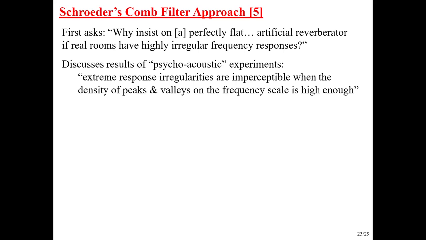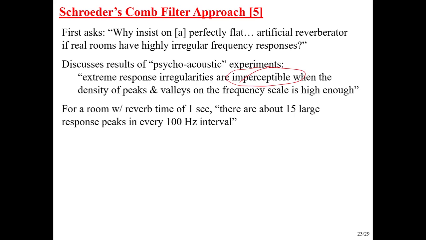And here's a quote right out of this paper. Extreme response irregularities, we're talking about frequency response, are imperceptible when on the frequency axis the density of these peaks and valleys, how fast it goes up and down along the frequency axis, is high enough, you can't really hear those things. So he's going to allow that to happen now.